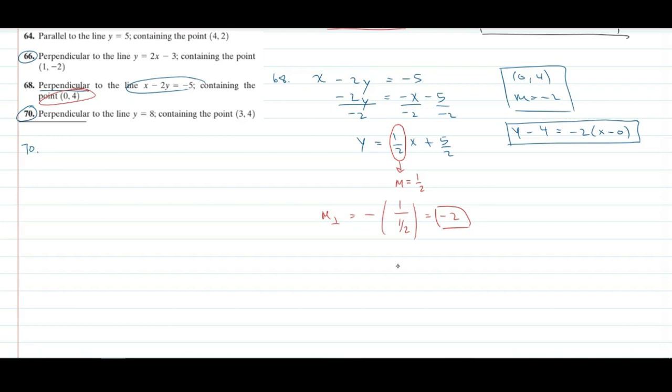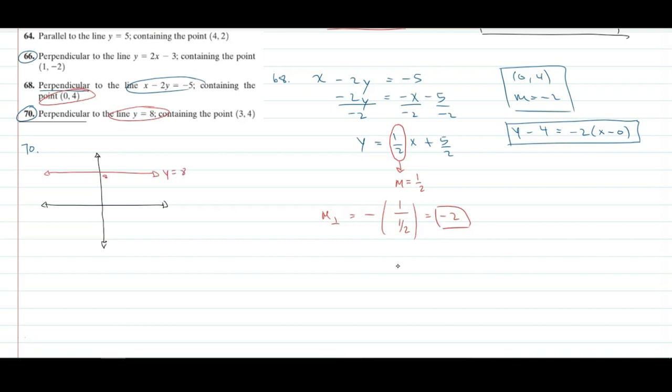So here, your line is perpendicular to the line y is equal to 8. So if it helps, whatever helps you learn, I'm willing to do that. So y is equal to 8 is a line. So I don't know why I keep drawing crooked lines, but there you go. That's my y equals 8.